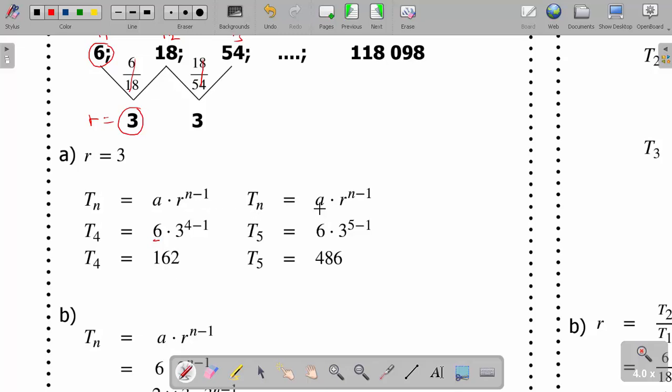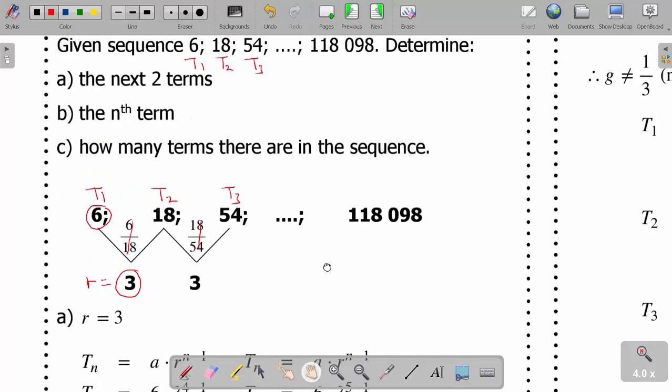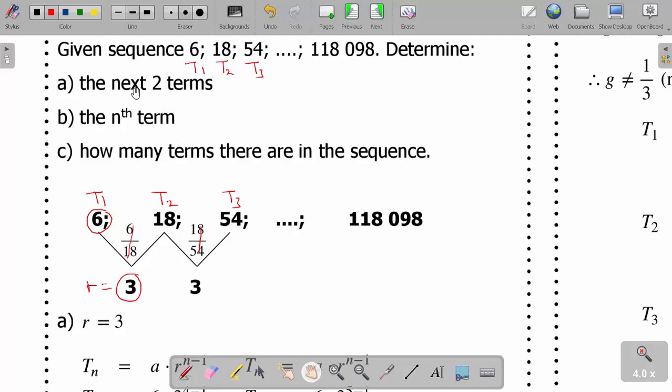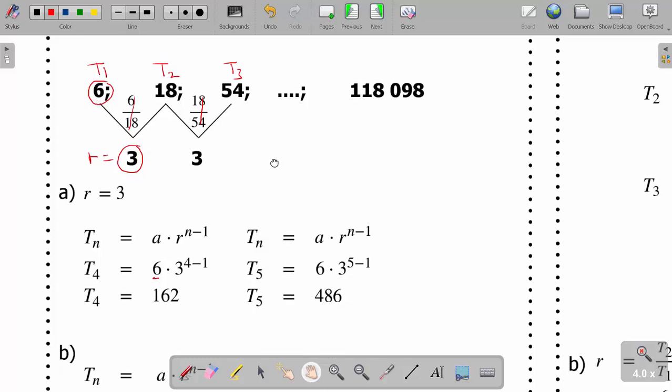Because the question wanted, let us check the question one more time. They said the next two terms. So after getting our common ratio and our Tn here, we can get the next two terms.